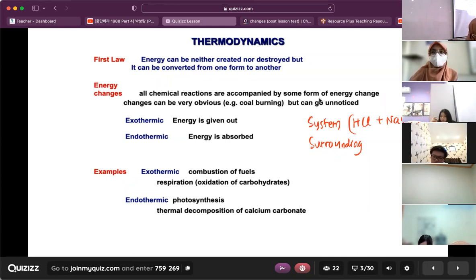So that is exothermic. What is endothermic? Endothermic means your system absorbs the energy. It means that the heat is transferred from the surrounding to your system. So if heat is given out from the system to the surrounding, that must be exothermic.